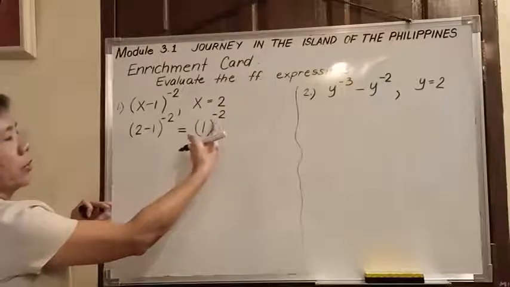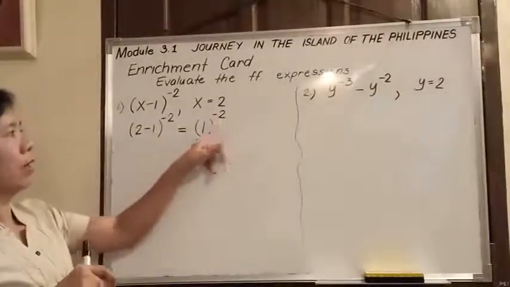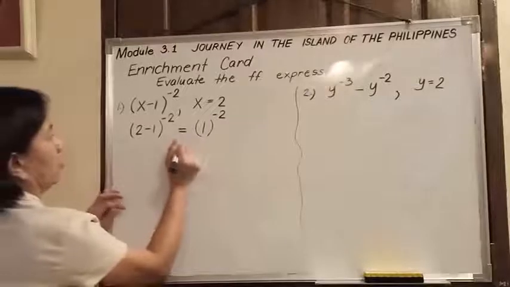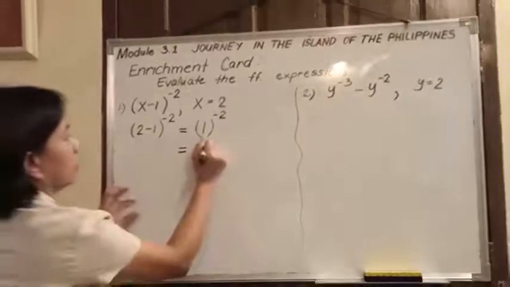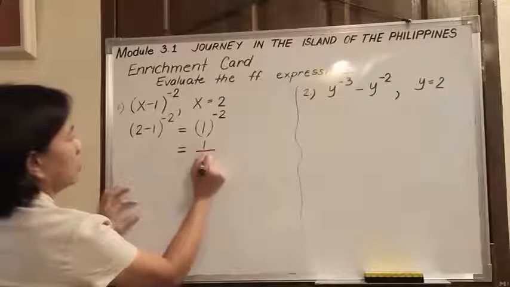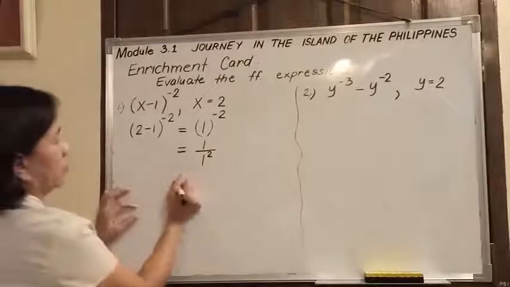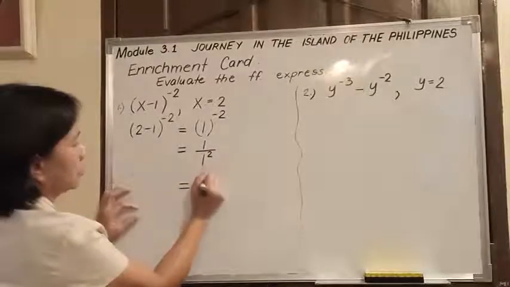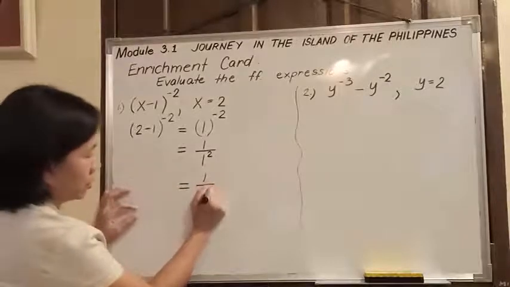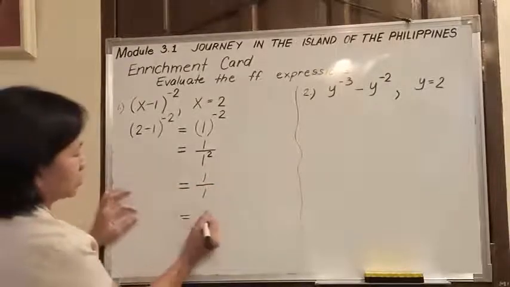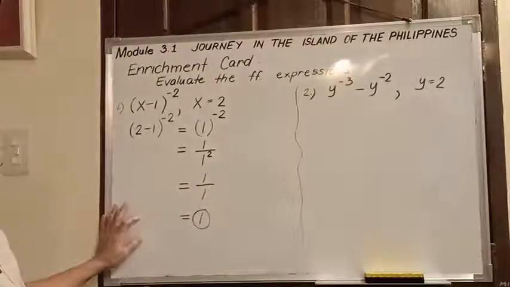Since our exponent is negative, you have to make this positive. How? 1 raised to negative 2 is equivalent to 1 over 1 raised to positive 2. And therefore, we have numerator 1. Denominator is 1 times 1, which is also 1. 1 divided by 1 is still 1. So the answer is 1.